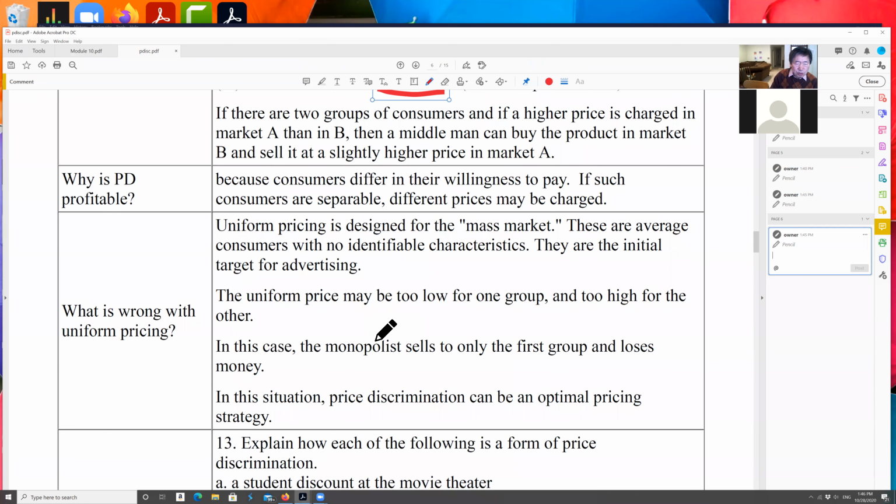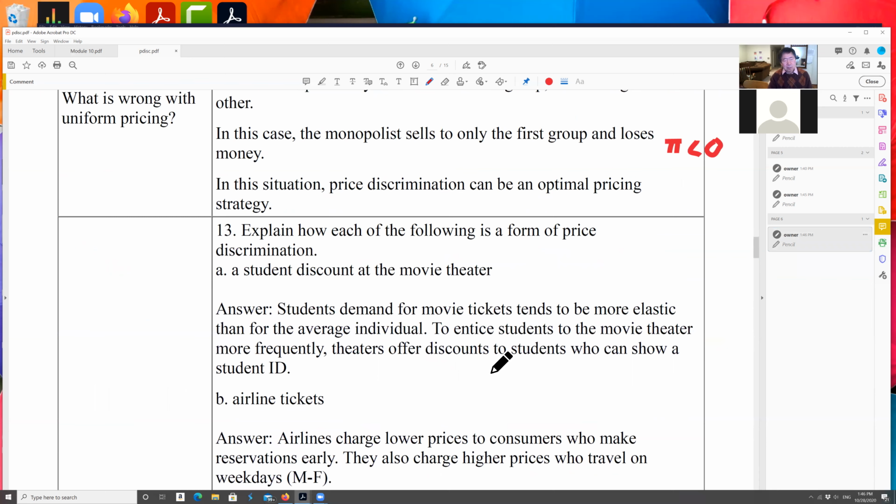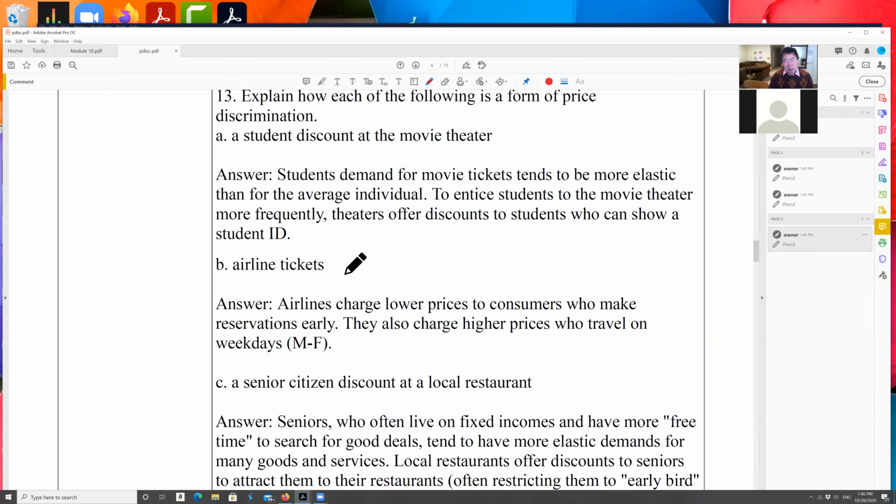What is wrong with uniform pricing? Well, as I said earlier, uniform pricing may not yield positive profit, okay? So they are trying various ways to extract more profit, charging maybe a higher price to richer consumers. A good example is airline ticketing.